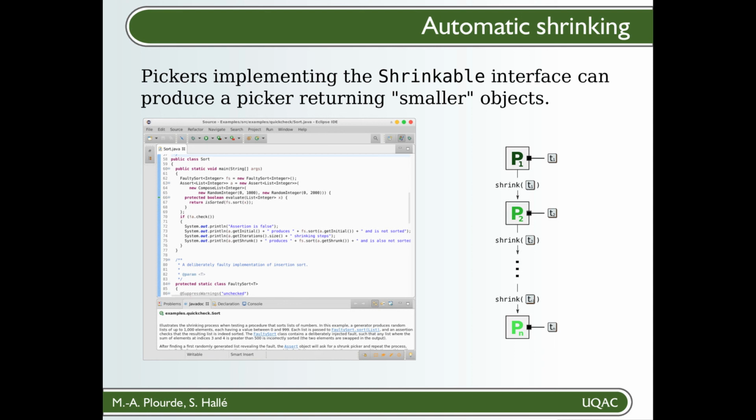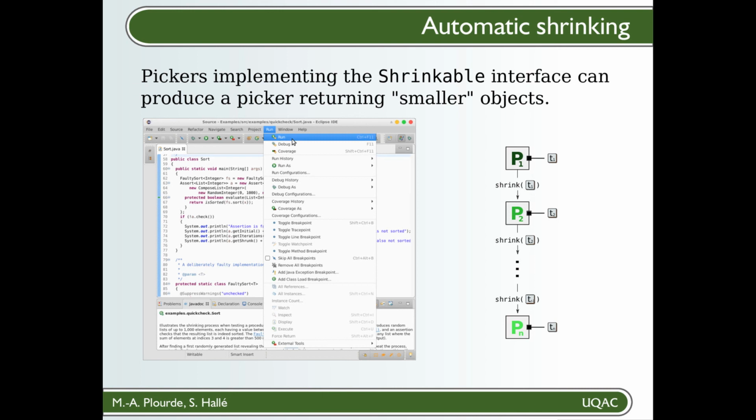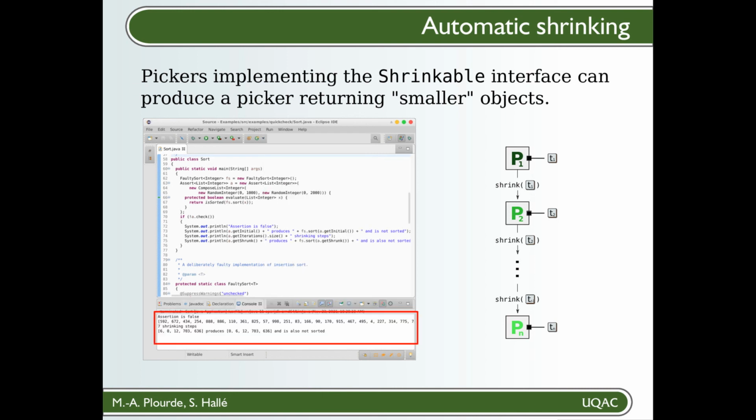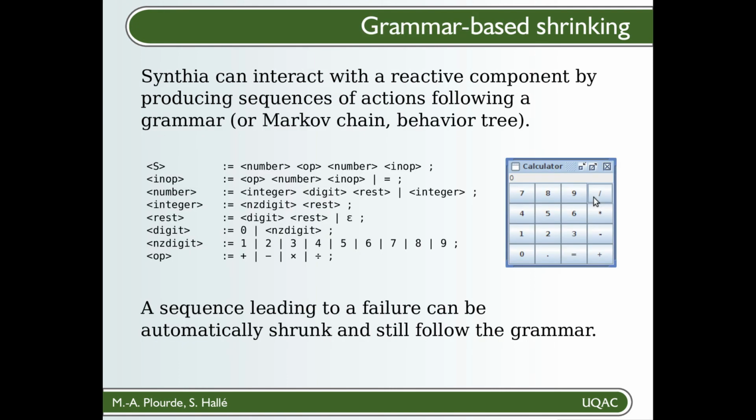The way in which this shrinking proceeds is also special to Synthia, but if you want to know why, you'll have to read the paper. Here, notice how a smaller example exhibiting the error is found after a first much larger instance has first triggered the fault.